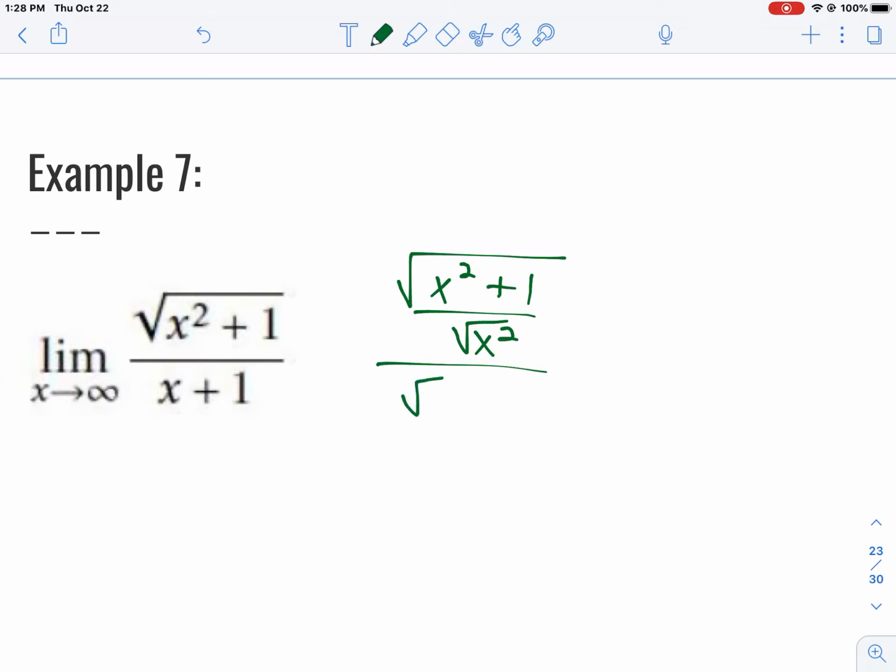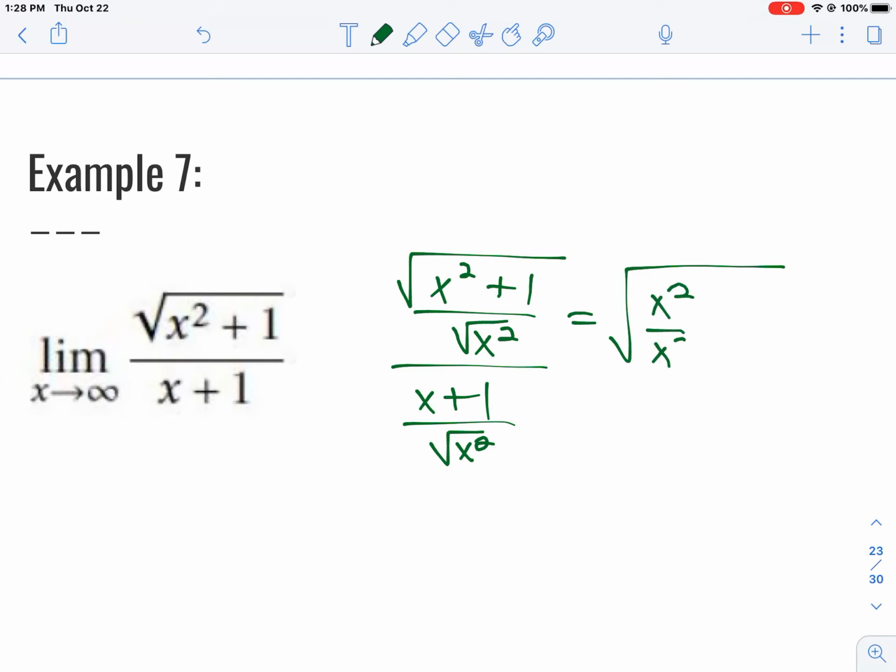So if I have the square root of x squared plus 1 over the square root of x squared, this becomes the square root of x squared over x squared plus 1 over x squared, over x divided by x plus 1 divided by x, because the square root of x squared is x.